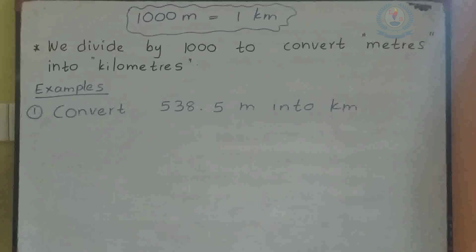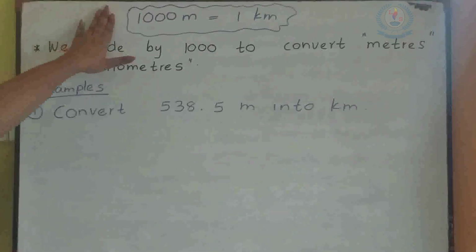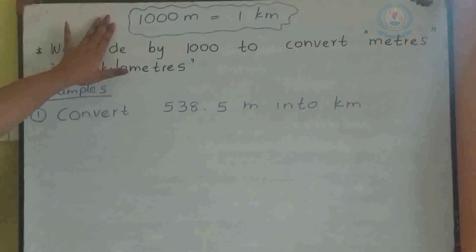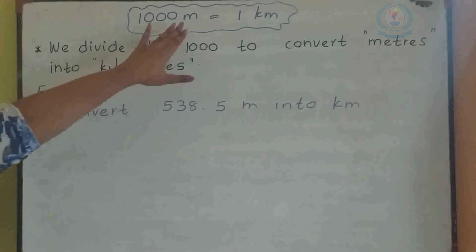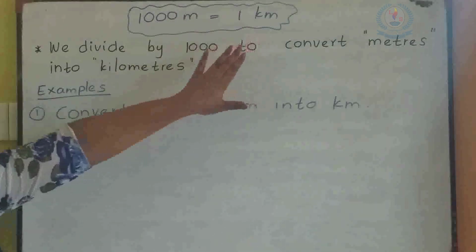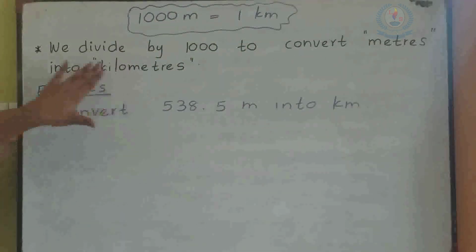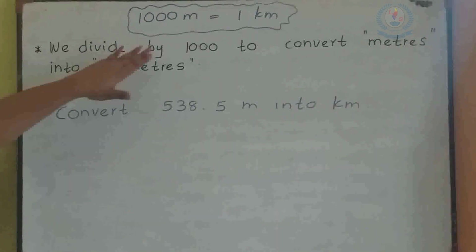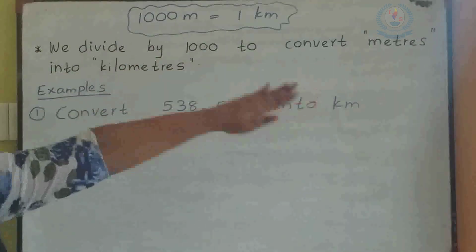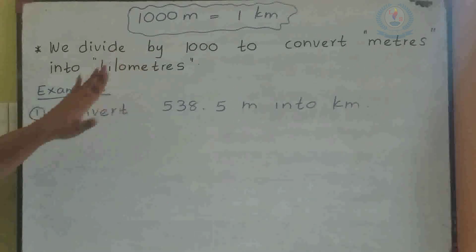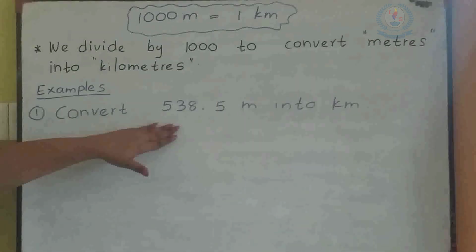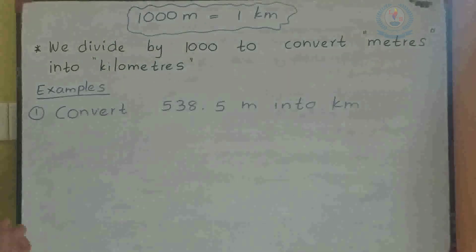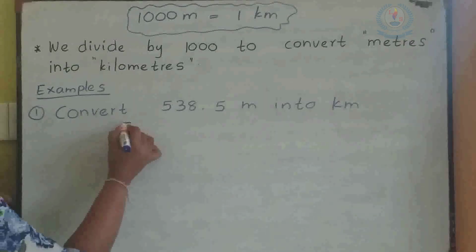Okay, then I am going to the second relationship, that is 1000 meters equals 1 kilometer. 1000 meters equals 1 kilometer. Here, to convert a meter value into a kilometer value, we need to divide. Look at this one. We divide by 1000 to convert meters into kilometers. Okay, now look at this example. Convert 538.5 meters into kilometers.